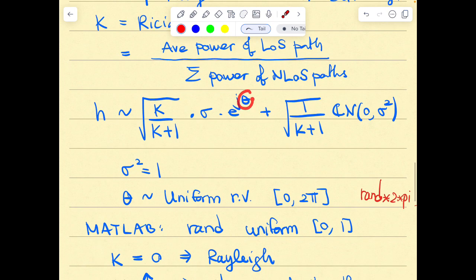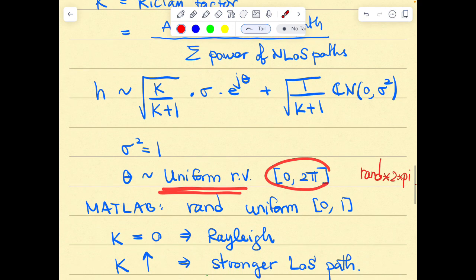Now this theta is a phase, which is a uniform random variable between 0 and 2 pi. In MATLAB we can generate this by using the command rand, R-A-N-D, so there's no n at the end. That's going to give us a uniform random variable between 0 and 1, but we want 0 to 2 pi, so we multiply by 2 pi.